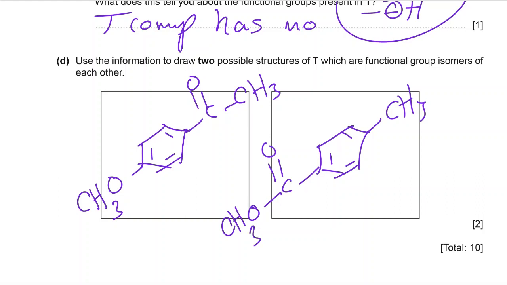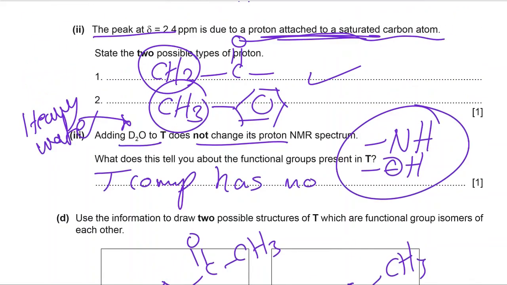So now we have two possible structures, with a single bond between this one and this one.